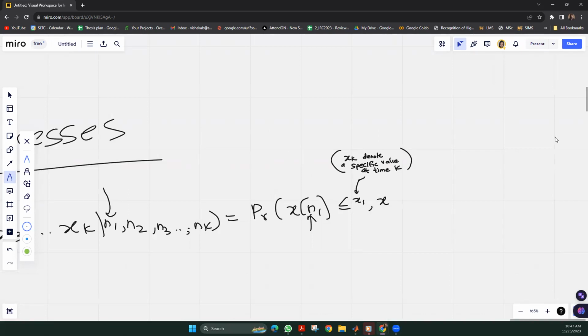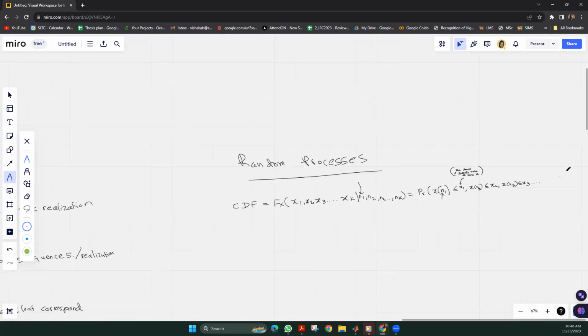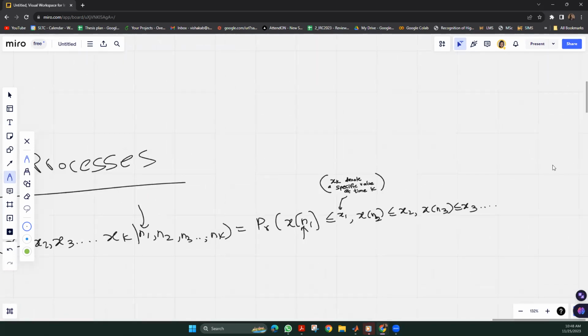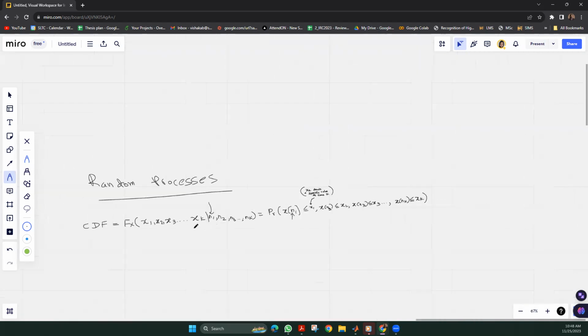And then the same thing for other random variables: xn2 being a value below x2, xn3 below a certain specific value x3, likewise up to xk. We can go on defining this inequality, and the probability of this occurring is given by the CDF function.